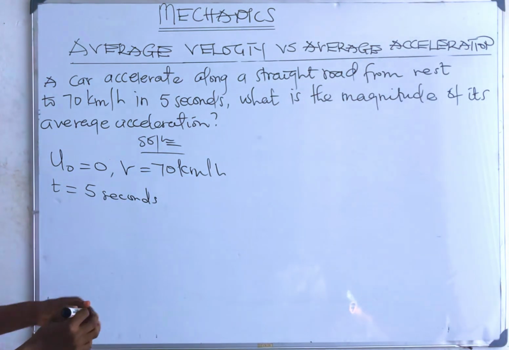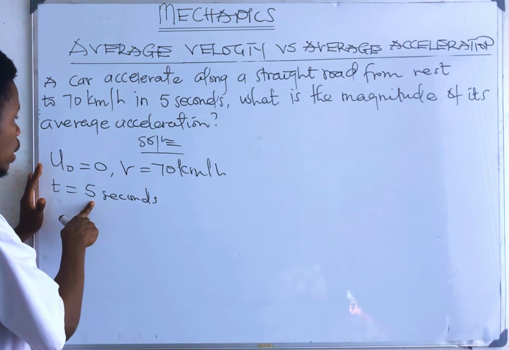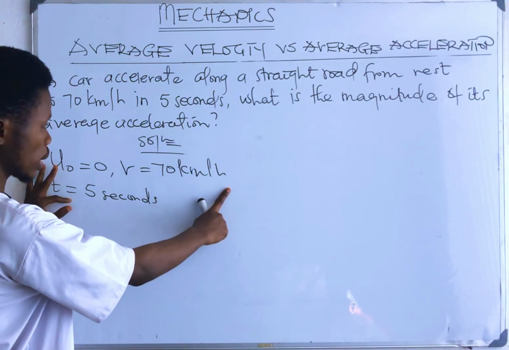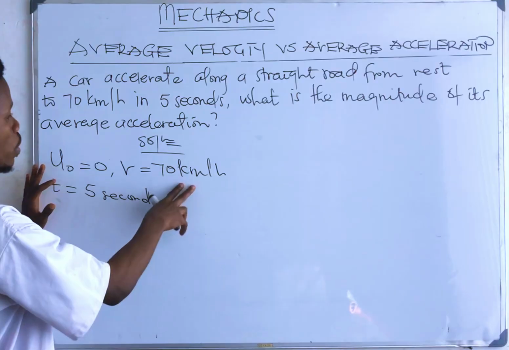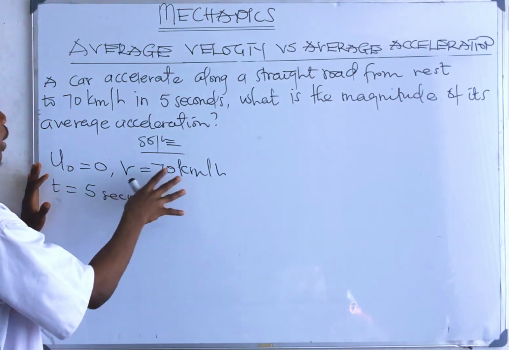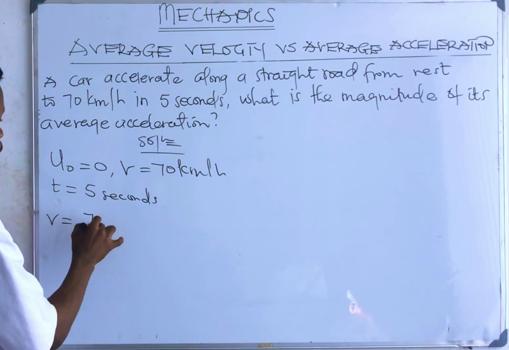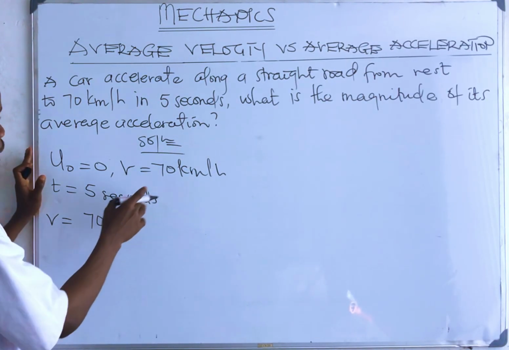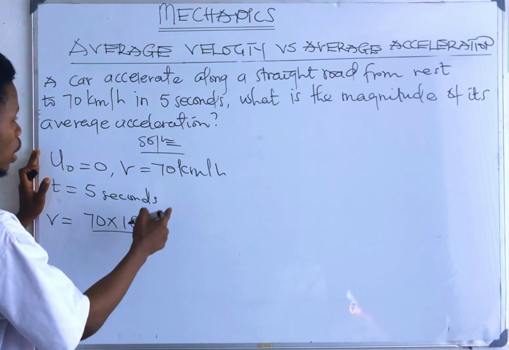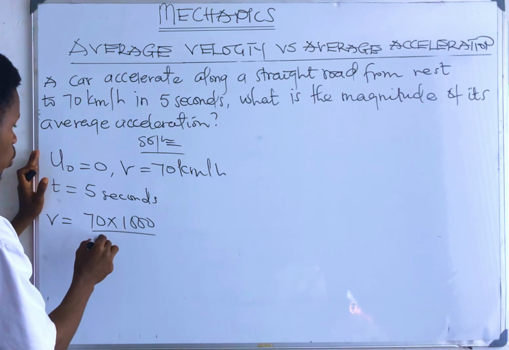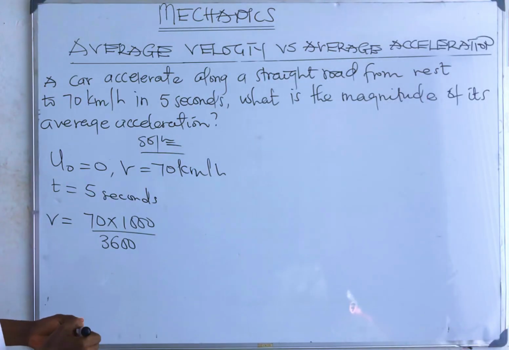Now here we have two things to do. Either you change the time taken from seconds to hours, or you change the 70 kilometers per hour to meters per second. So let's change this one to meters per second. The velocity will be 70 times 1,000, since changing from kilometers to meters we multiply by 1,000, over 3,600, because every 1 hour gives us 3,600 seconds.